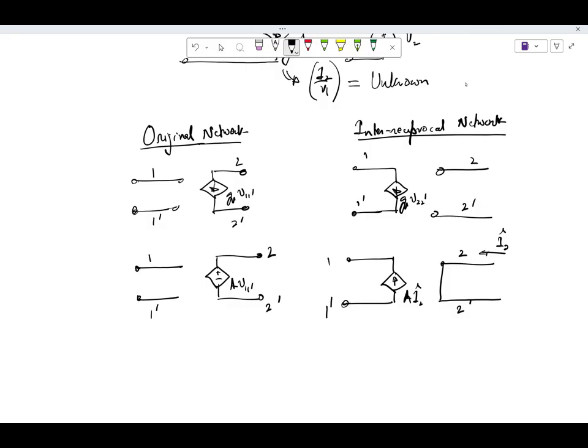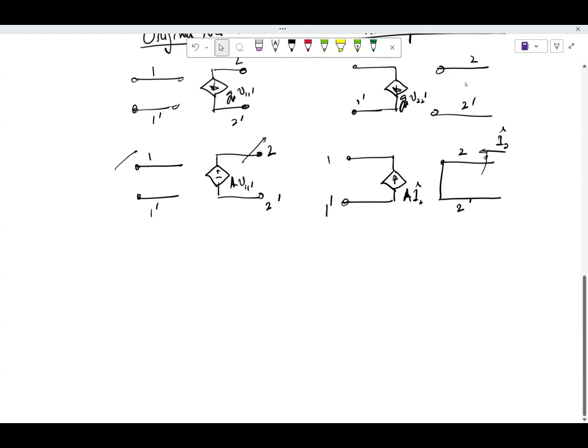So the easy way to remember, here if this increases, this port voltage increases. So if this current increases, this current should also increase, right? So that's the direction given to us, right? Okay, fine. So there are 2 more. So this is VCCS. This is VCVS.